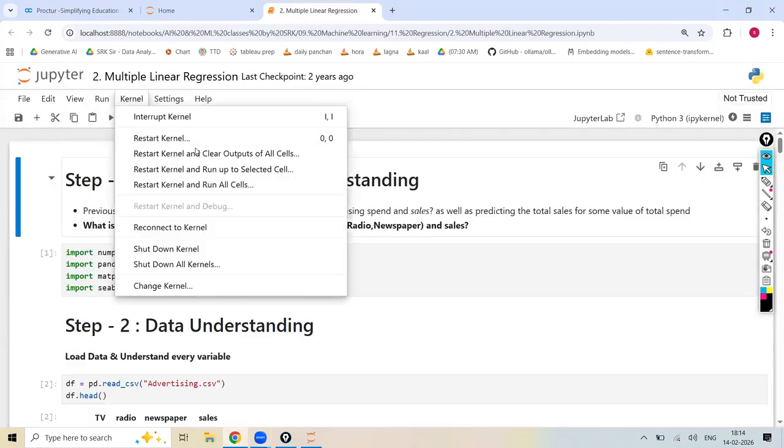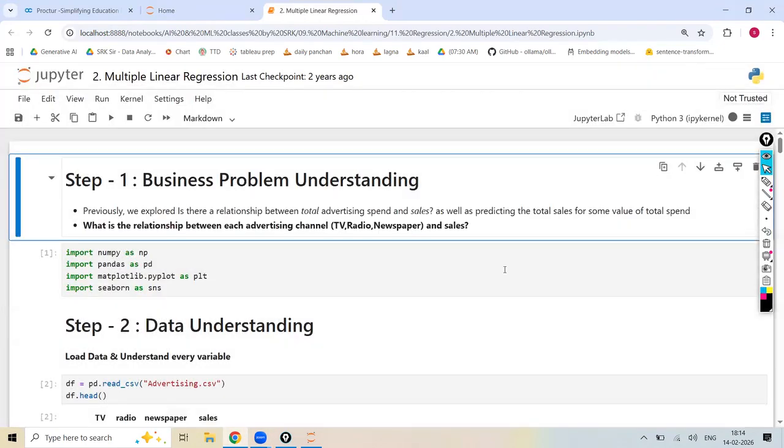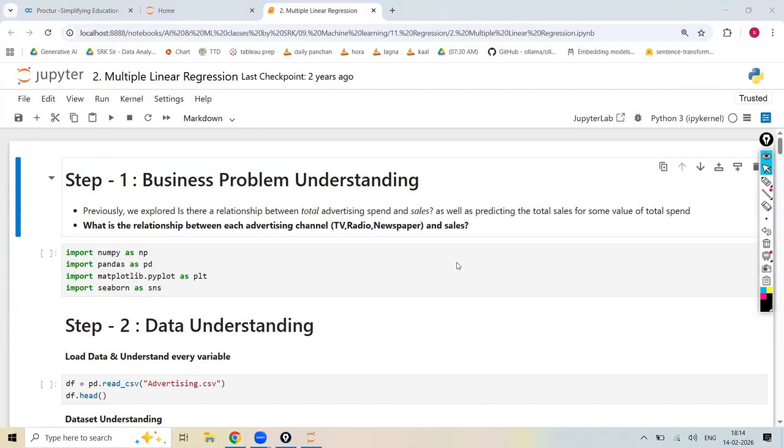Okay, guys. In the last class, we discussed the simple regression project. Let us try to cover the multiple regression project today, and based on these two, we are going to do one more project.